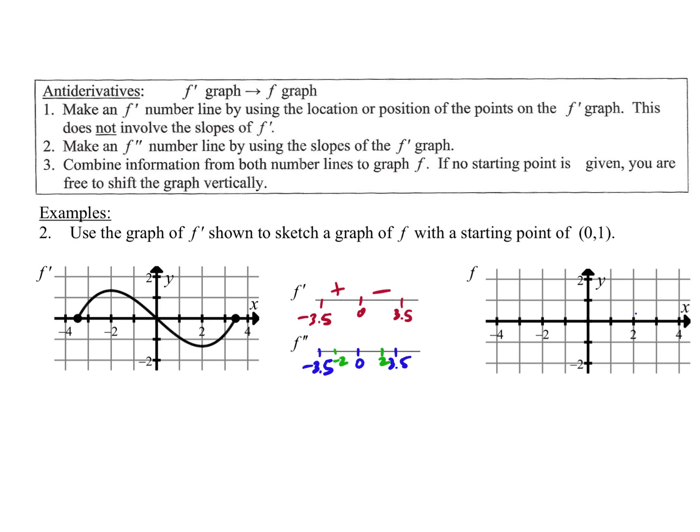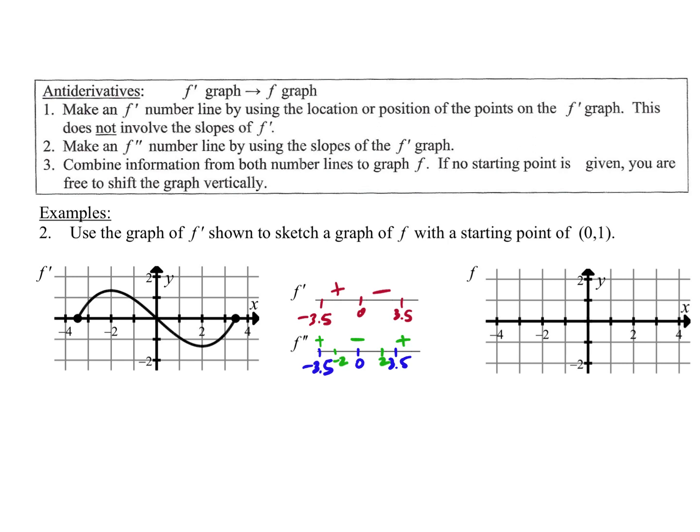Okay, so now we're looking at the slopes of this function. And of course, from here to -2, the slope of this is going to be positive. From -2 to 2, the slope will be negative. And then the slope from 2 to 3.5 will be positive. All right.